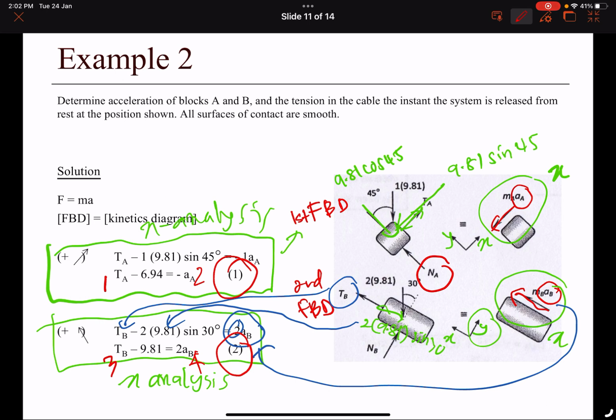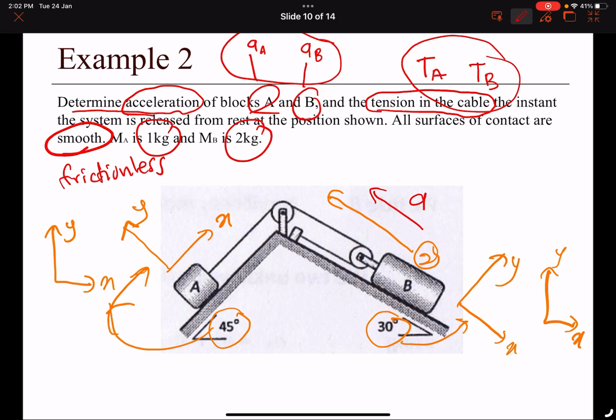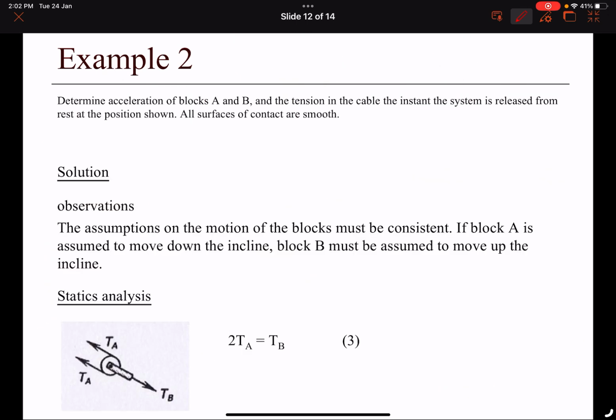The equation can be from the displacement that you learned in kinematics, or from the tension itself, coming from the pulley system. Because we have a pulley system here, you can develop the equation from it.